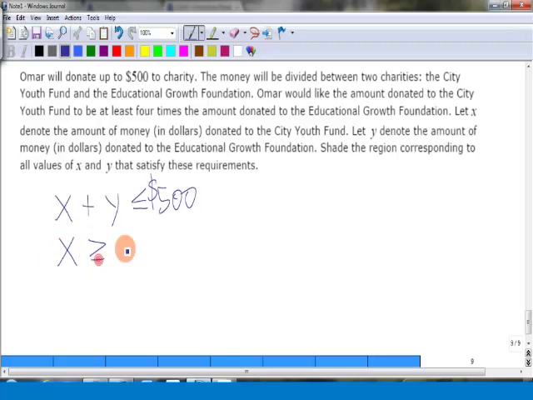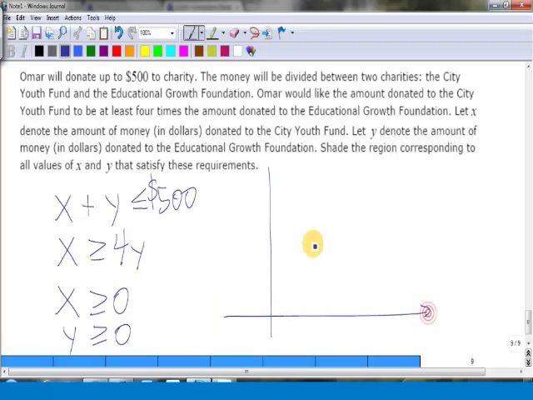So x needs to be greater than or equal to 4y. And other than the fact that he doesn't want them owing him money, the donations will be greater than or equal to 0 in both cases. These are the 4 inequalities, so I think we could sketch these pretty readily.